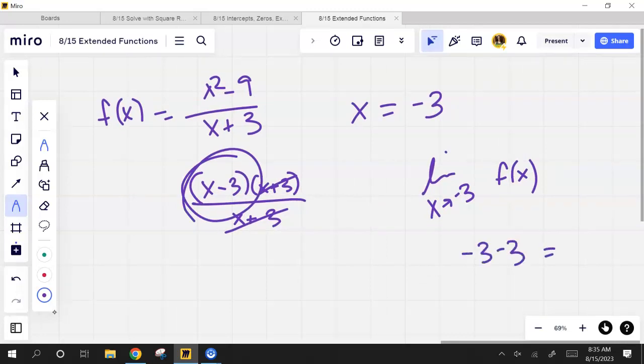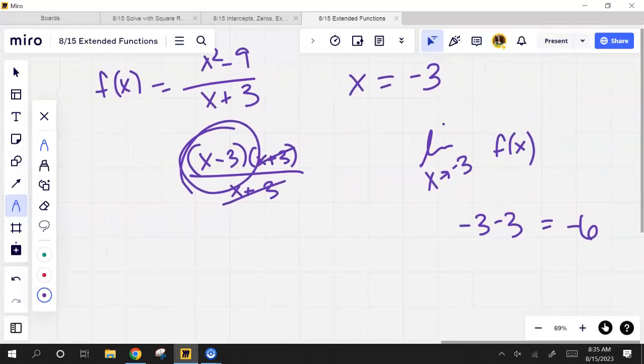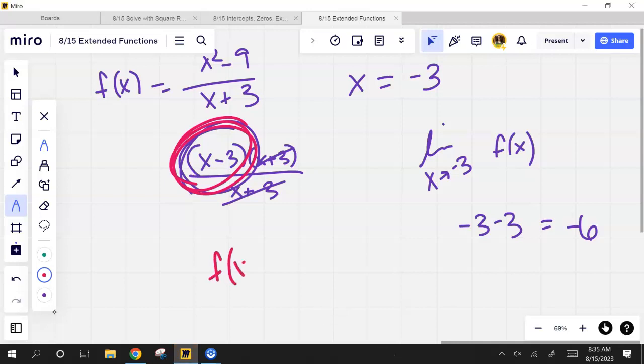And what do you get? What did they have? They're saying this is the other part of the function, what you're left with. Y equals x minus 3. It's still the same thing that we were doing. So like we said, f of x equals this. This is the way I would write this.